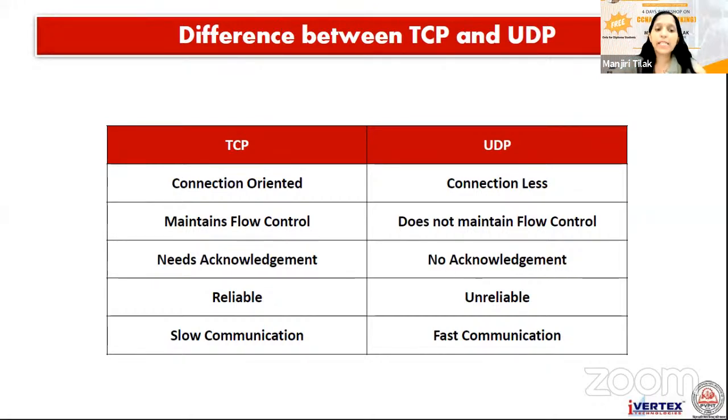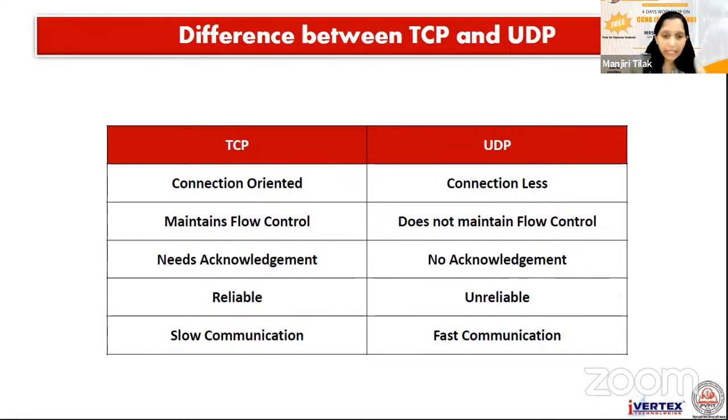So TCP maintains flow control means, based on how much quantity the receiver can receive, TCP will adjust how many bytes I should send simultaneously. Whether I should send 1 byte of data, 3 bytes together, or 5 bytes together.